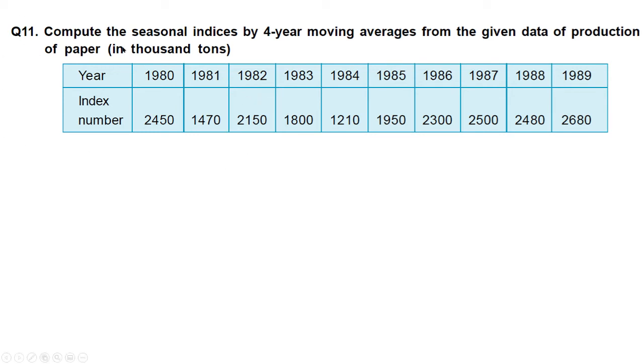Next question, compute the seasonal indices by 4-year moving averages from the given data of production of paper in 1000 tons. So here the year is given from 1980 to 1989 and the corresponding index number is given. We need to find 4-year moving average.